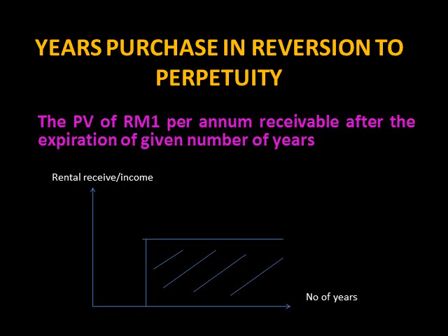For example, if you rent out the property for 10 years, after 10 years you will get back the property, for your own purpose, or maybe you want to continue for other investments.